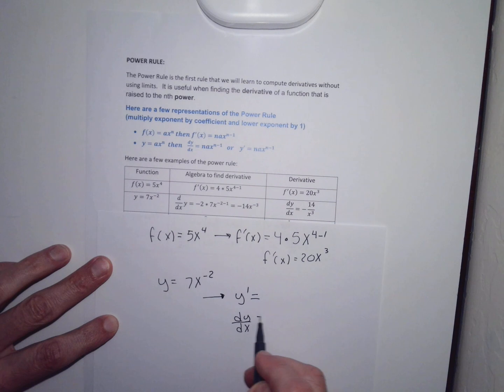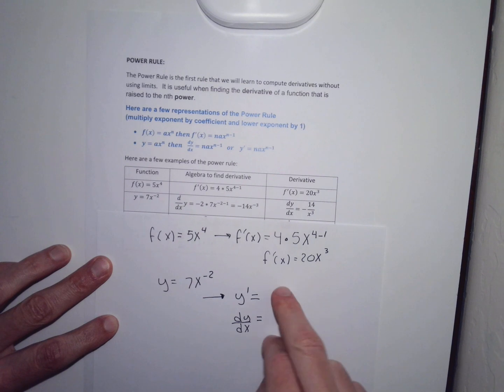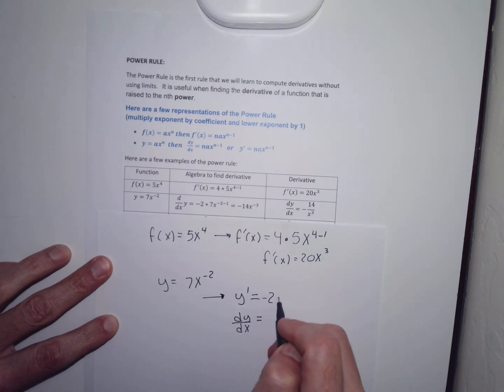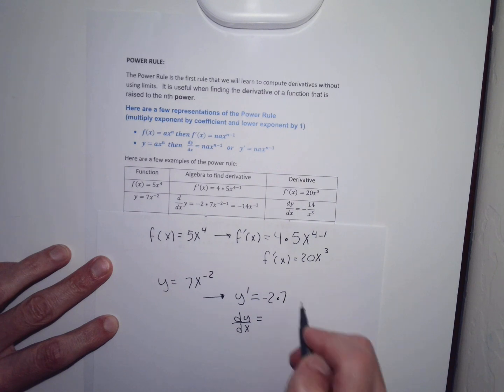When I take a derivative, there are multiple ways to write the answer to the left of the equal sign, and probably multiple ways to simplify the answer to the right of it. But in this problem, I'm just going to use the power rule. I take the exponent of negative 2, multiply it by the coefficient of 7, and lower the exponent by 1.